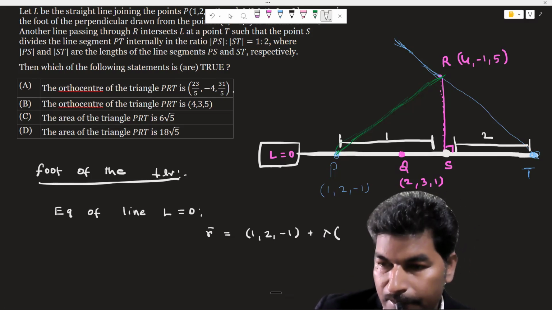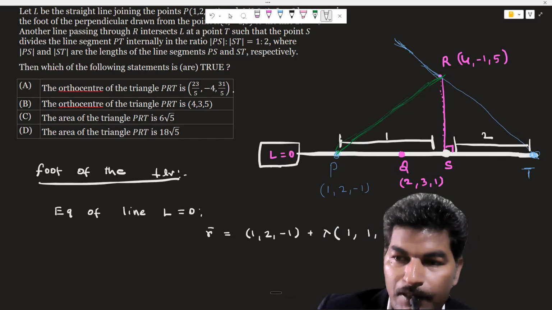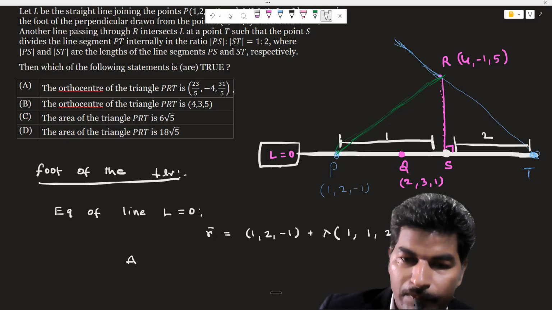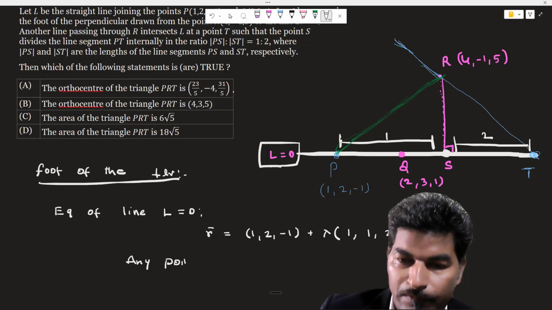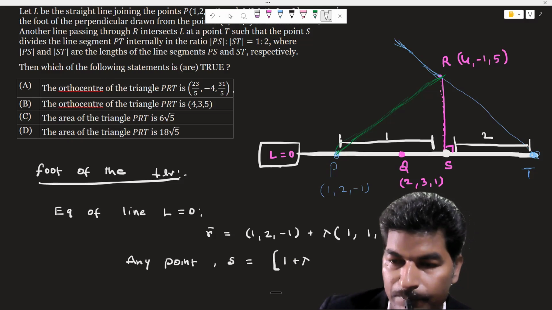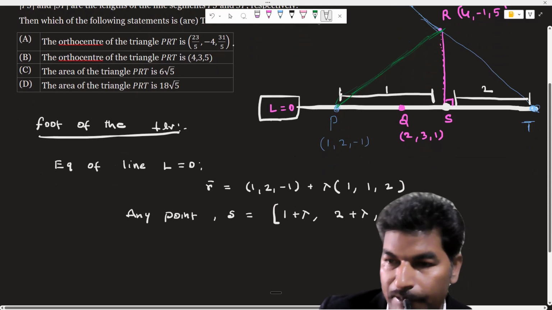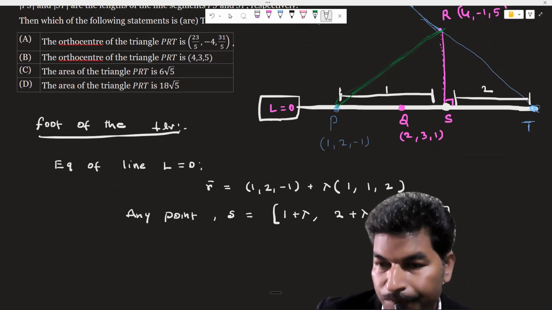What are the DRs of this line? 1, 1, and 2. So any point on the line, any point S, can be taken as (1 + lambda, 2 + lambda, -1 + 2 lambda).